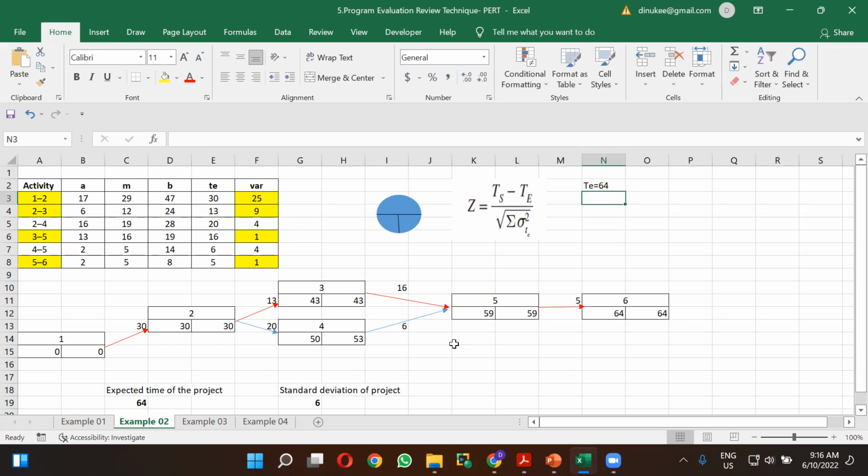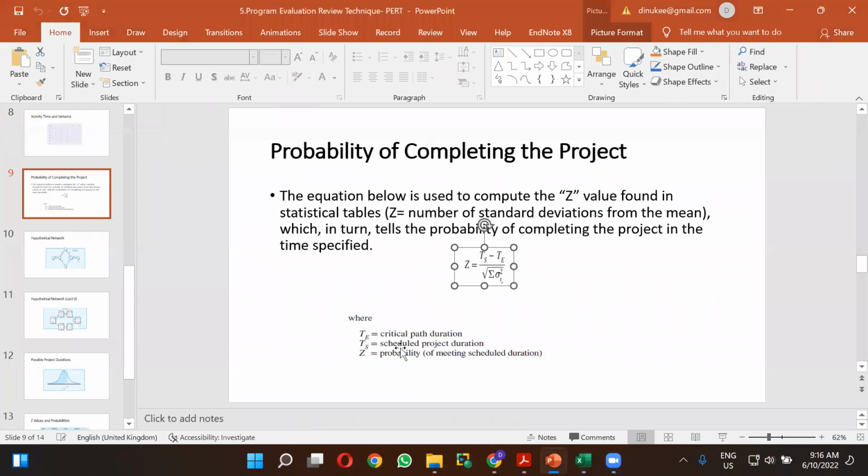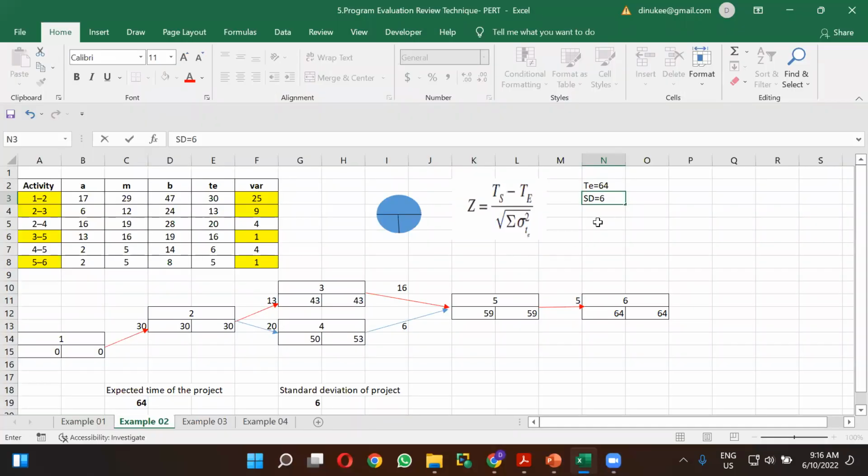You have also calculated the standard deviation of the project, which is 6, the value you have to divide by. Now the scheduled time, TS, the scheduled project duration, you have to assume is 66 days.